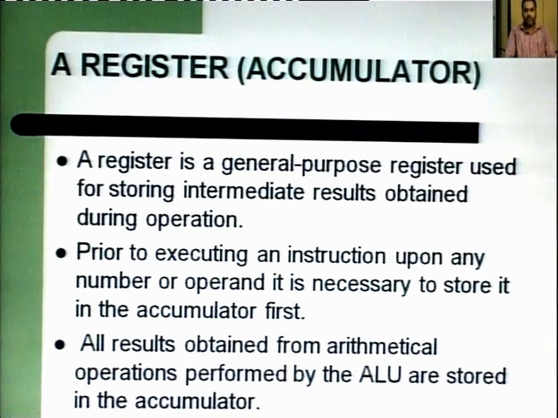Prior to executing an instruction upon any number or operand, it is necessary to store it in the accumulator first. In most instructions, when we perform an operation upon two numbers, one of them should be stored in the accumulator. All the results obtained from arithmetical operations performed by the ALU are automatically stored in the accumulator.